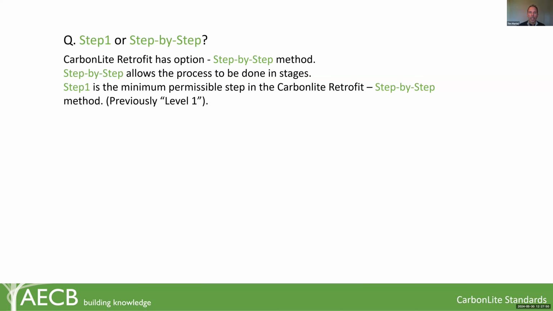That's the minimum. And you can go further than that. We'll certify the house as soon as it meets that criteria of the step one. But you go further, and eventually the idea is you might get to the full standard. And you can take as many steps as you like to do that, and as much time as you like to do that.